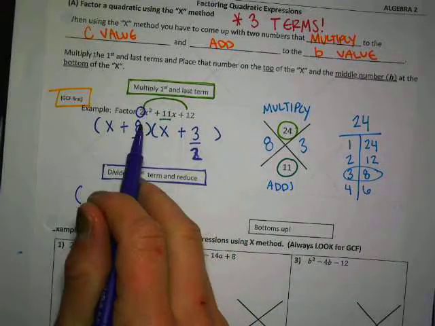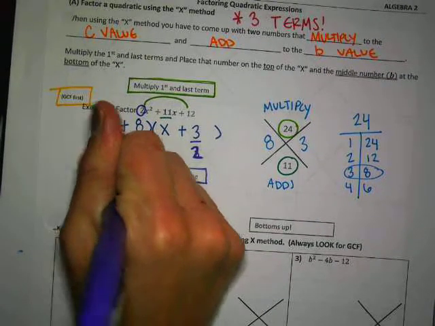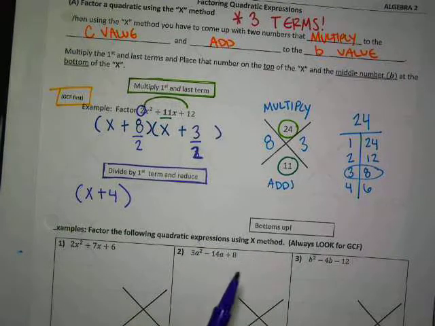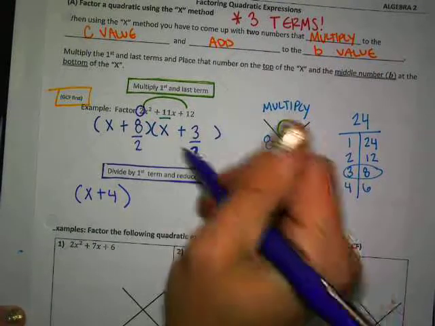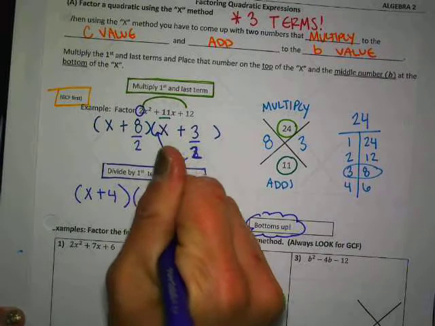What is 8 divided by 2? 4. So I have x plus 4. Does 3 divided by 2 reduce at all? No. So if it doesn't reduce, we're going to bottoms up. The number on the bottom is going to come up in front of the x. So 2x plus 3.